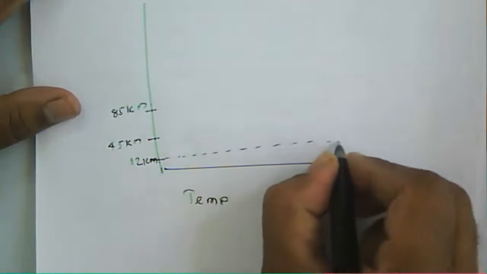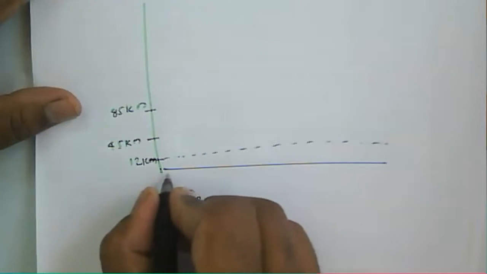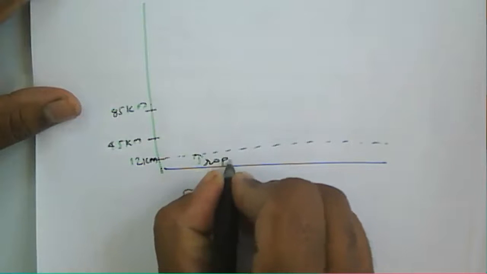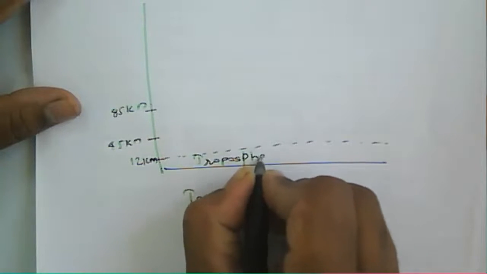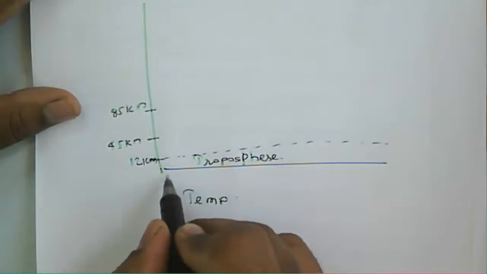Generally we say the troposphere is from 0 kilometer to 12 kilometer.